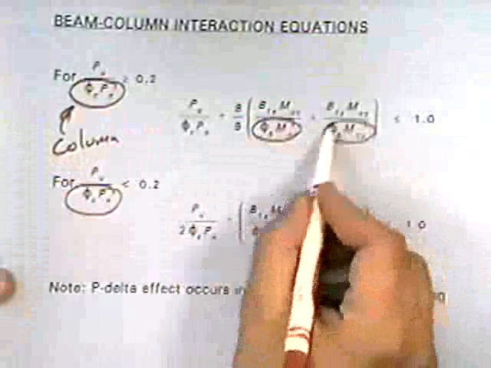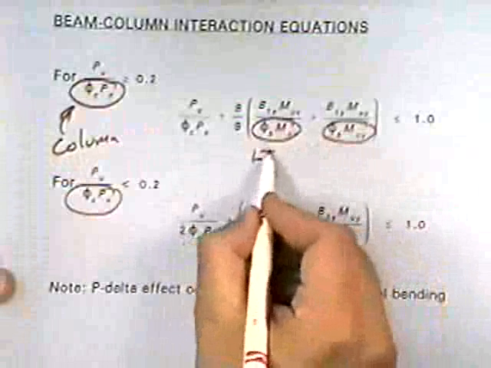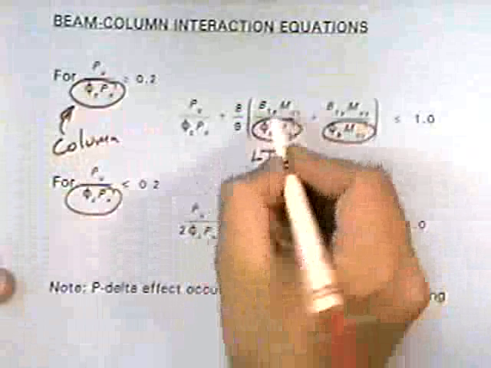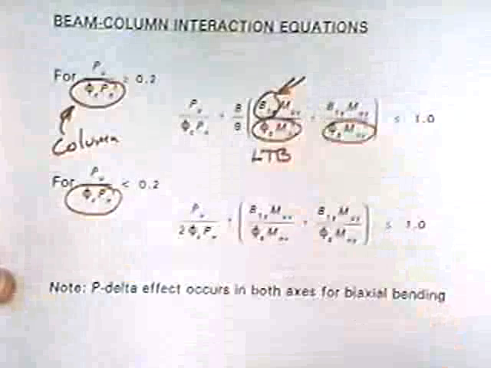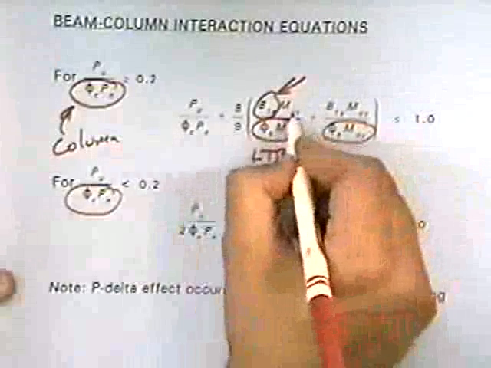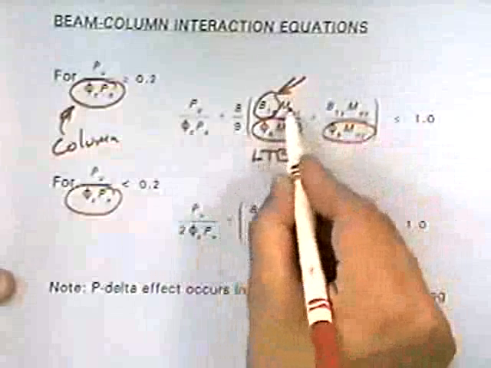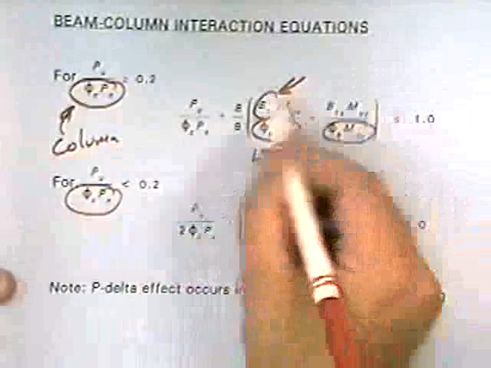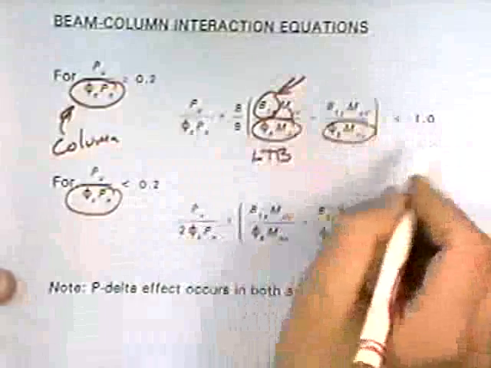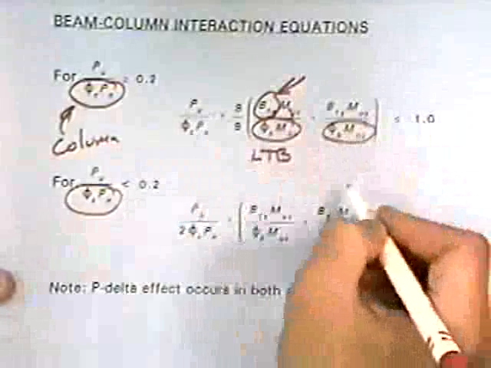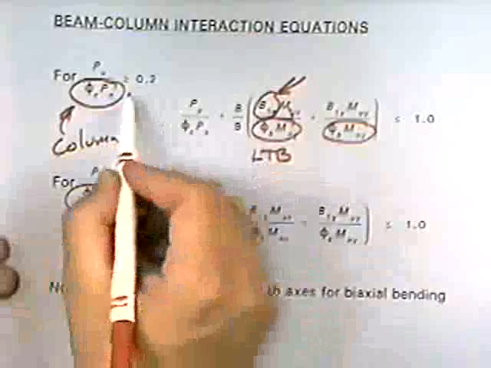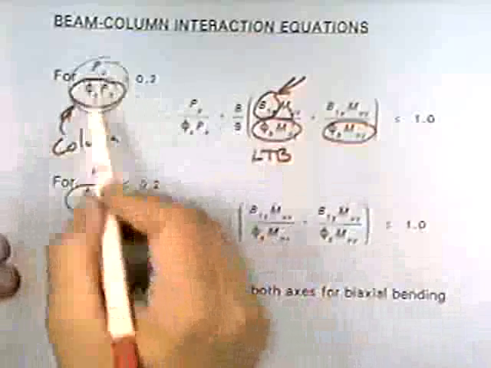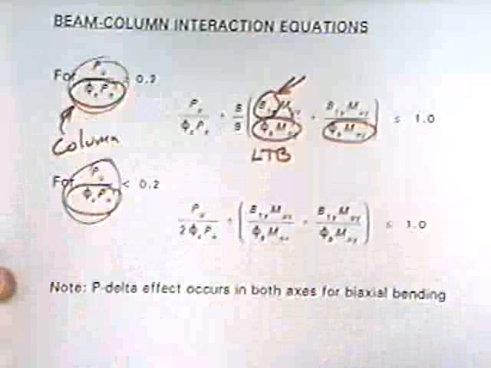And again, the bending strength may involve lateral torsional buckling, and the only addition then is the moment magnification factor, which will enlarge this value up here, which will cause this whole term to increase, meaning that you need more strength in the member to offset the moment magnification. Again, you have two equations based on the value of the ratio of the axial load to the axial strength.